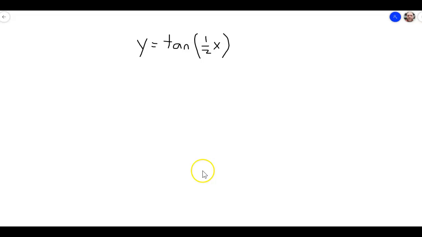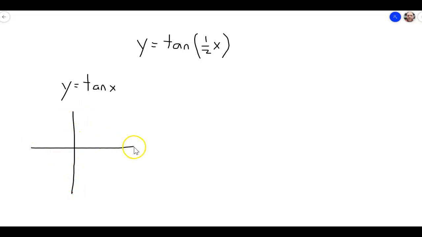So with this, it's really good to know what the graph of just y equals tangent of x looks like, and then to extrapolate from there. So tangent of x, we just have a normal graph here. Put little arrows there.